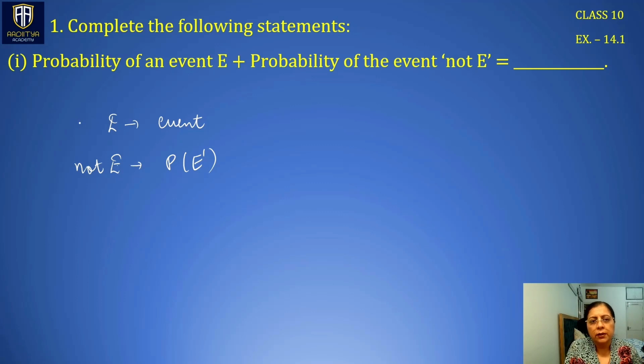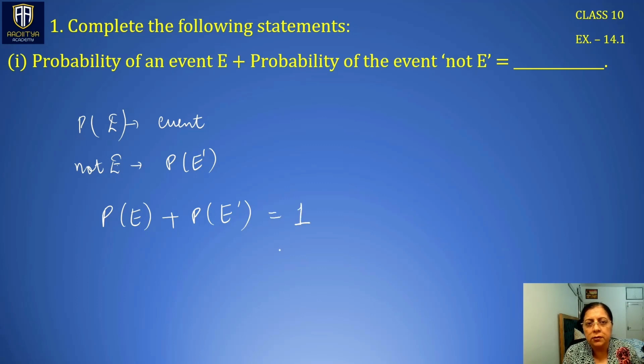This is the probability of E. That means the probability of any event is represented by P(E), and the probability of not E is P(E dash). And we had learnt a formula that the probability of the event and the probability of the complementary event P(E dash), the sum of these two probabilities is 1, right?